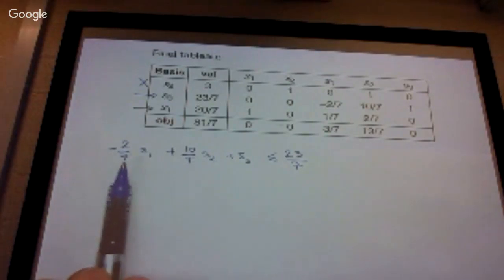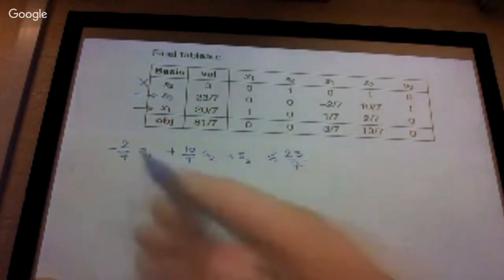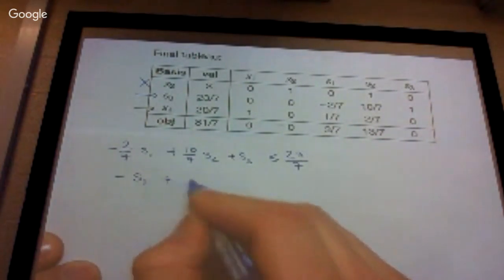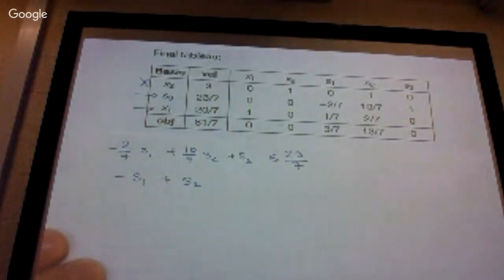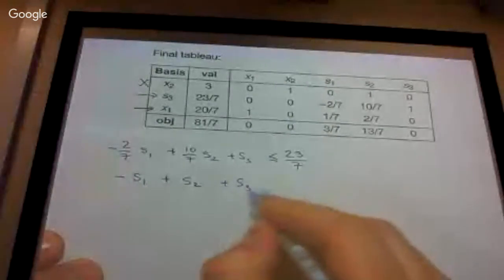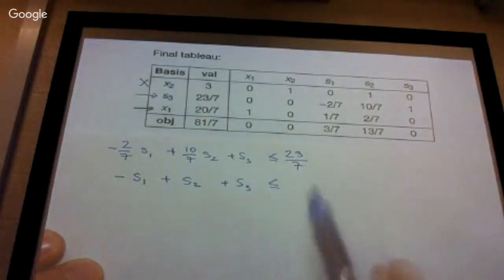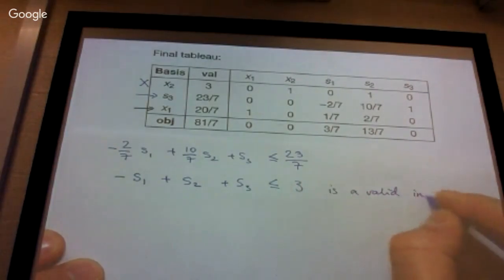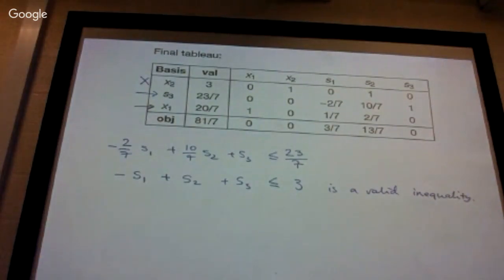So this is going to be minus S1 plus S2, because 10 over 7 is something between 1 and 2, plus S3, and 23 over 7 is just over 3, so less than or equal to 3. So that gives me another valid inequality from there.